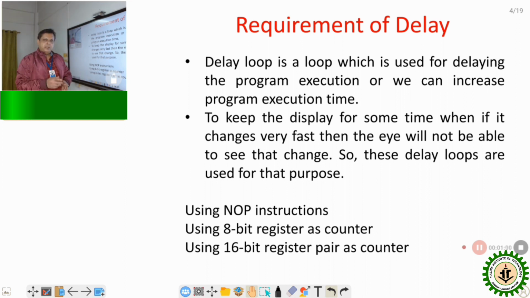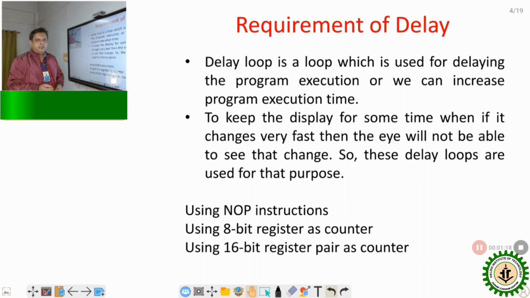For example, now the question arises: the most important attribute of the microprocessor is its speed. If the speed is up to the mark, then why do we deliberately want to reduce the execution time or implement some delay?